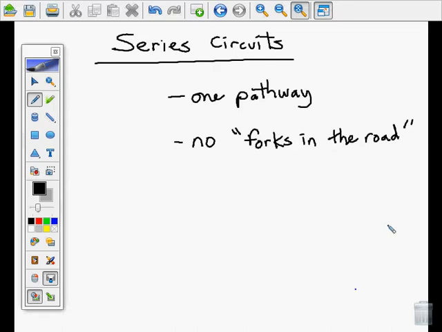The main characteristic of a series circuit is that there's only one pathway for the charge to follow. There's no forks in the road.